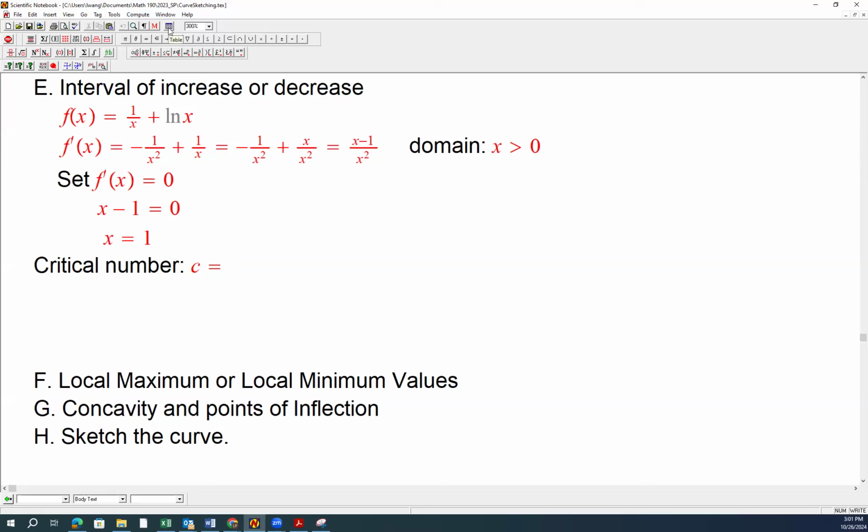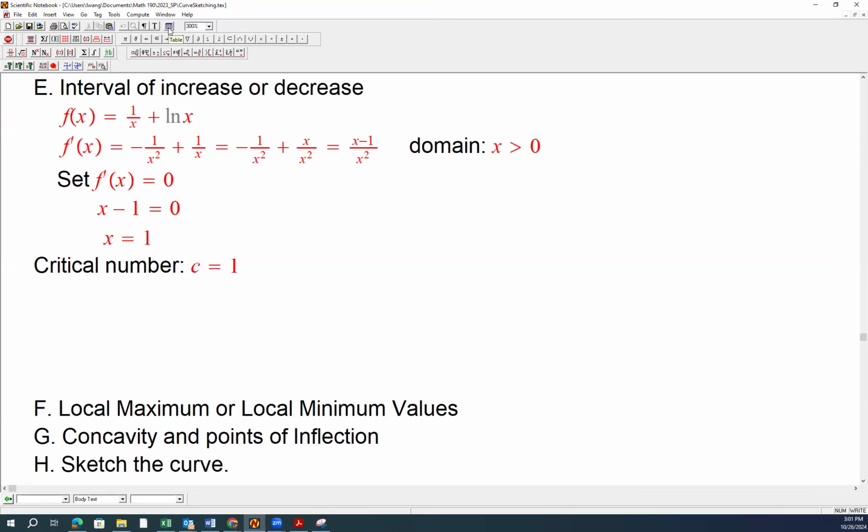You can call it C, you can call it 1. I'm going to name it 1 because it's so special. And we're going to give the intervals of increasing and decreasing. The denominator is positive, the numerator changes sign. If you have a number line here, this will be pretty straightforward.